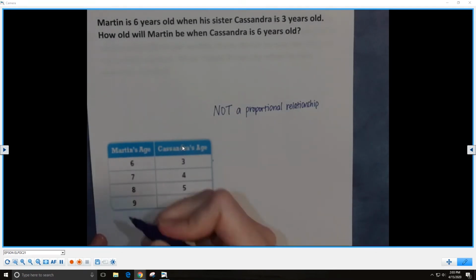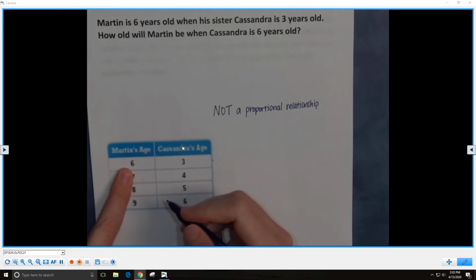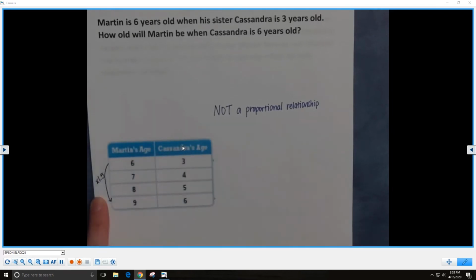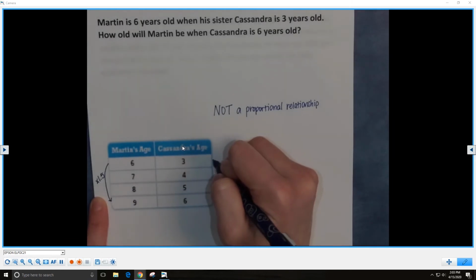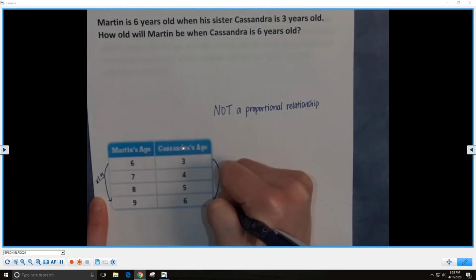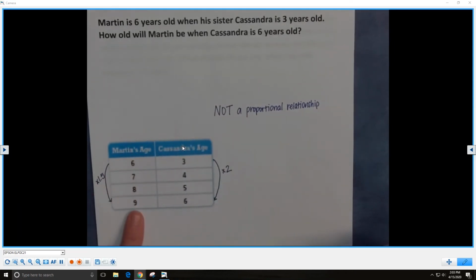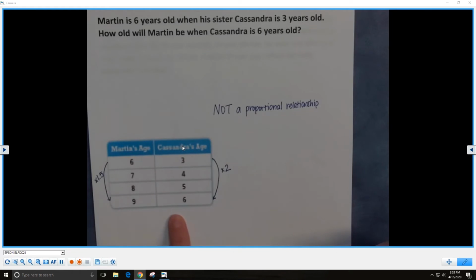Notice that if I take Martin's age from the original number that we started with in the problem to what we were trying to figure out, I can multiply by 1.5. However, if I multiply Cassandra's age from the beginning of the problem to the end of the problem, I'm multiplying by 2. So 6 times 1.5 is 9, but 3 times 2 is 6. So because these are not the same multiples, it's not a proportional relationship, and we can't apply proportional reasoning.